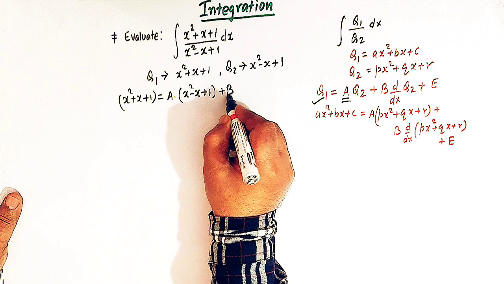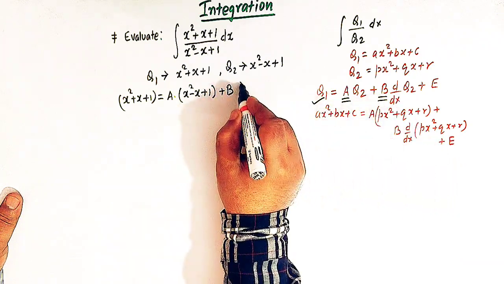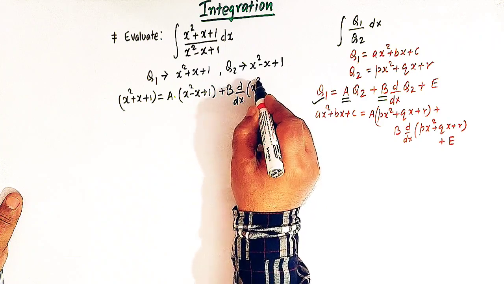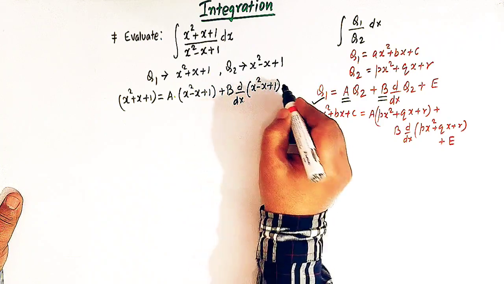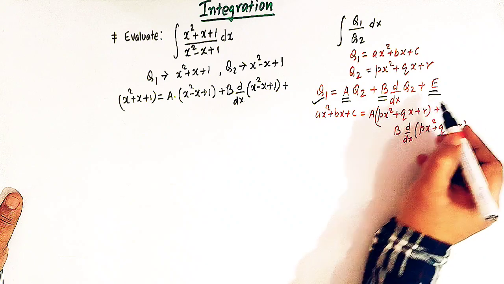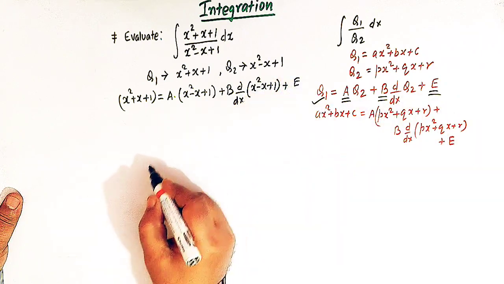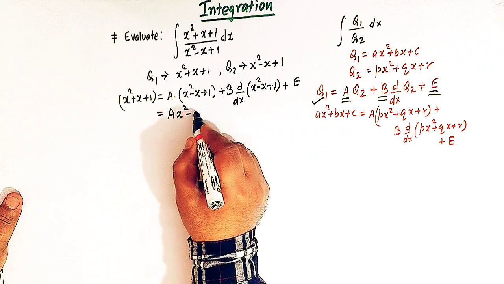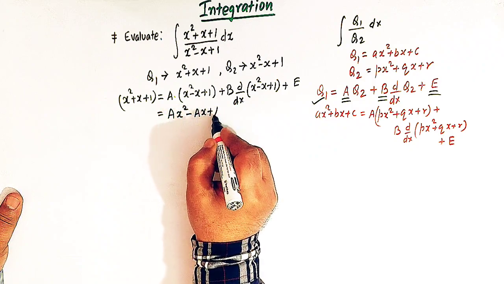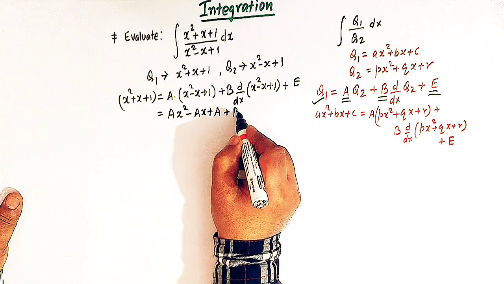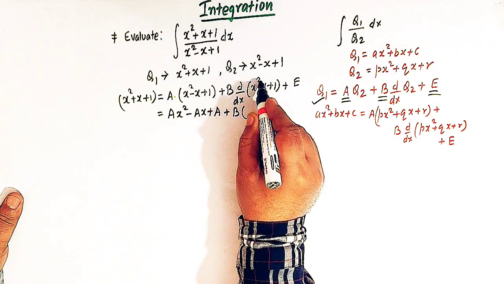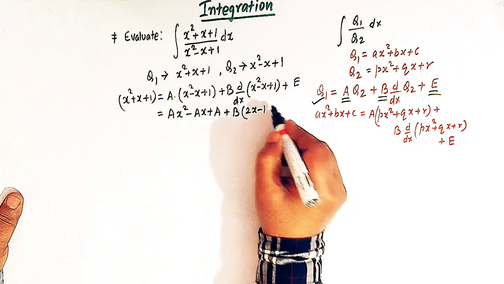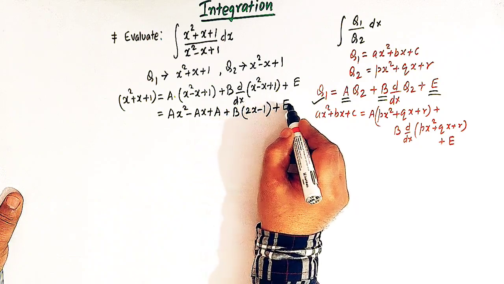Then we have the constant b times the derivative of q2, x square minus x plus 1, and then the constant e, right? Okay, so now we can write ax square minus ax plus a, and then b times the derivative of x square minus x plus 1, which is 2x minus 1, right? And here we have e.